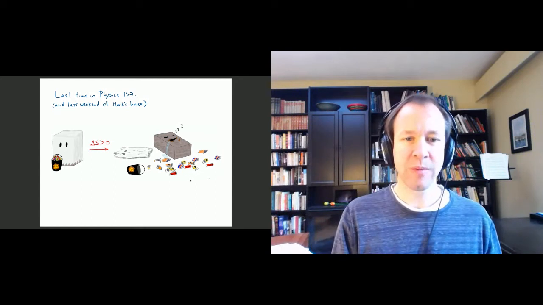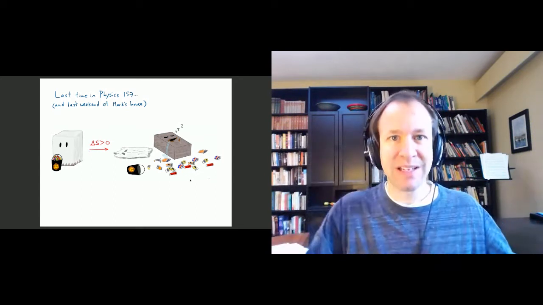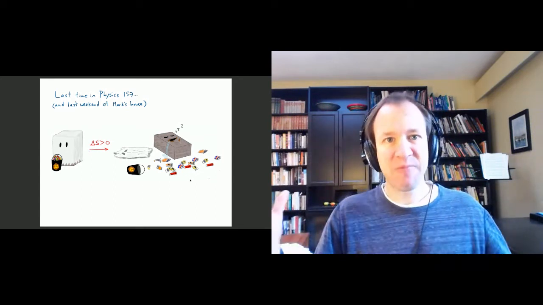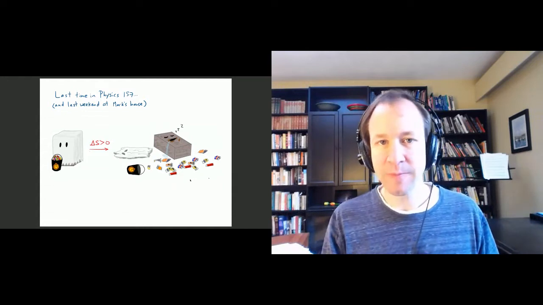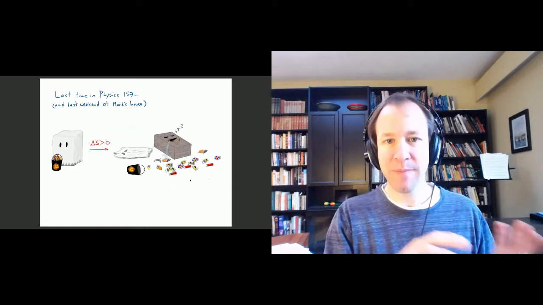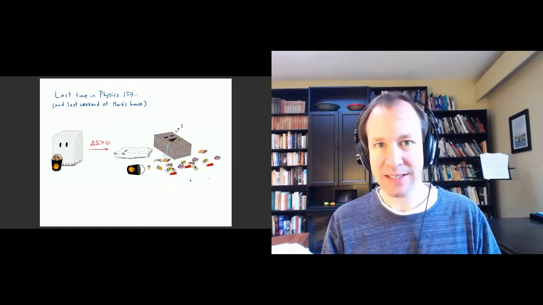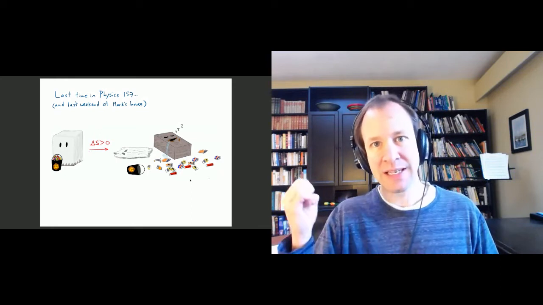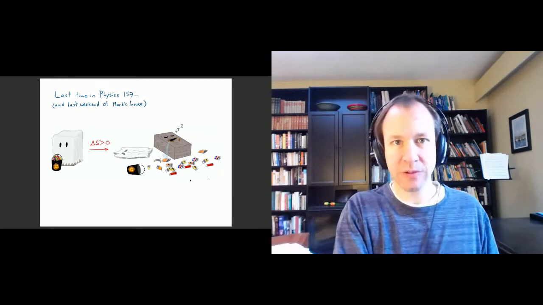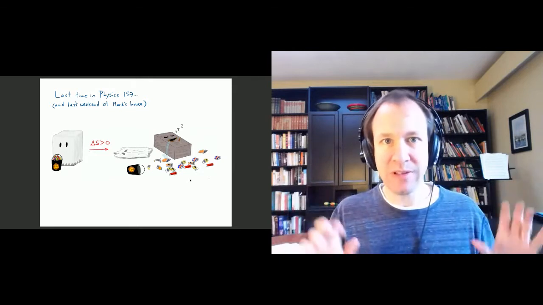Sometimes people talk about things ending up messy as being because of an increase in entropy. It's true that the reason things end up messy is the same reason why heat flows from hot things to cold things. I'm going to review that now.